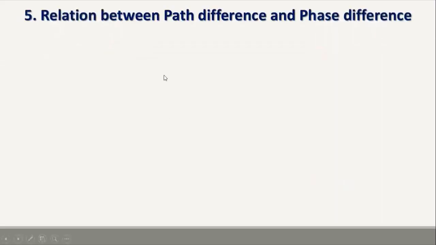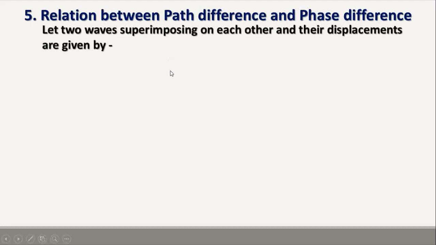Here I am going to establish a relation between path difference and phase difference. So if I take two waves, y1 is the displacement of one wave, indicated by y1 = a sin(omega t), where a is the amplitude and omega t is the phase.